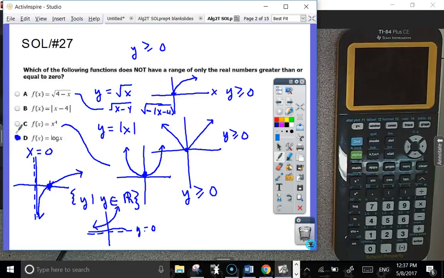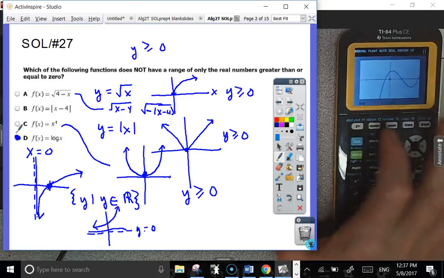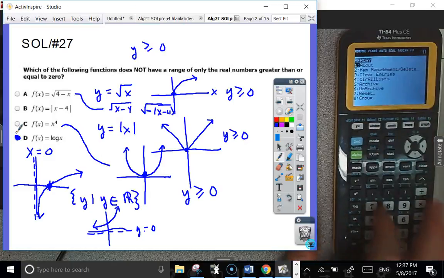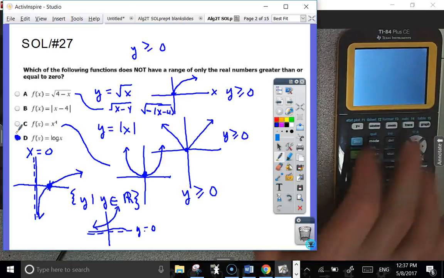Now you got to be careful if you depend on the calculator to graph these things.